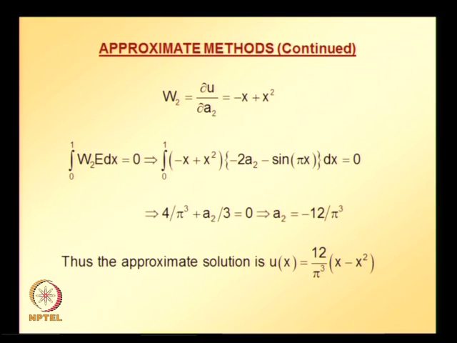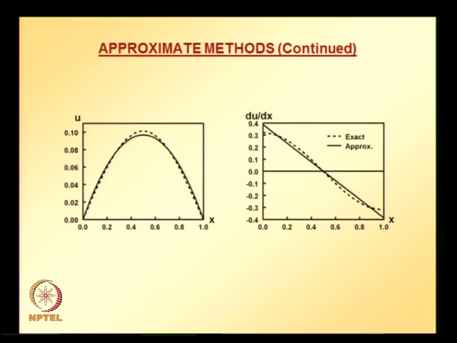So once again, this is the approximate solution that we obtained starting with a quadratic trial solution using the Galerkin method. Now let us see how this solution compares with the exact by comparing both the solution and its derivative. So this is how it compares.